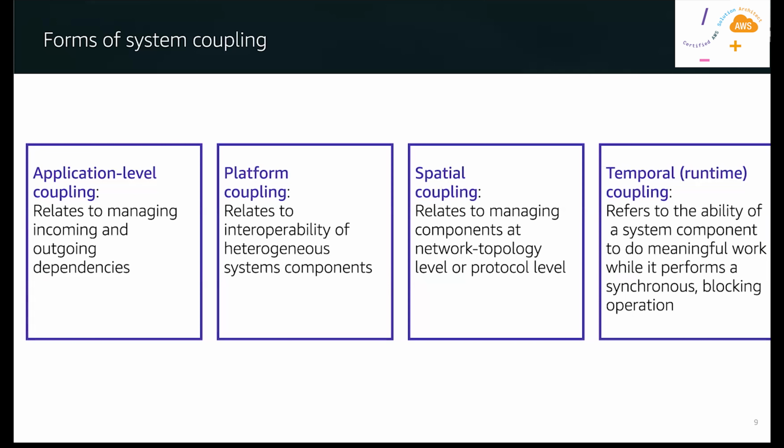There is also spatial coupling. Those components are mapped and managed by a specific topology, and they can only run in that specific type of environment, whether at the protocol level or at the communication level.